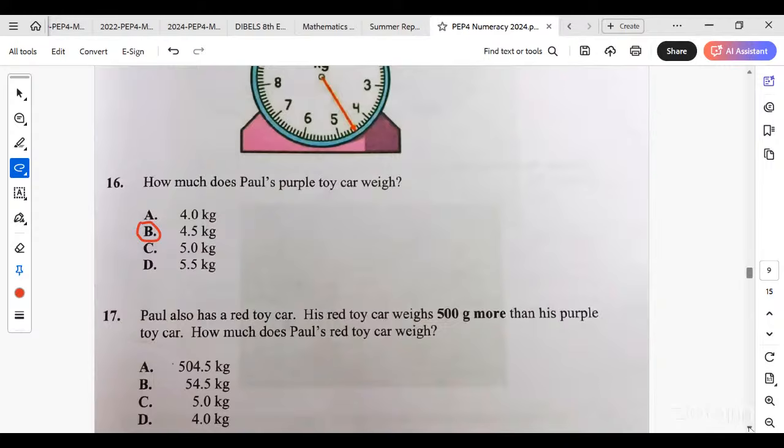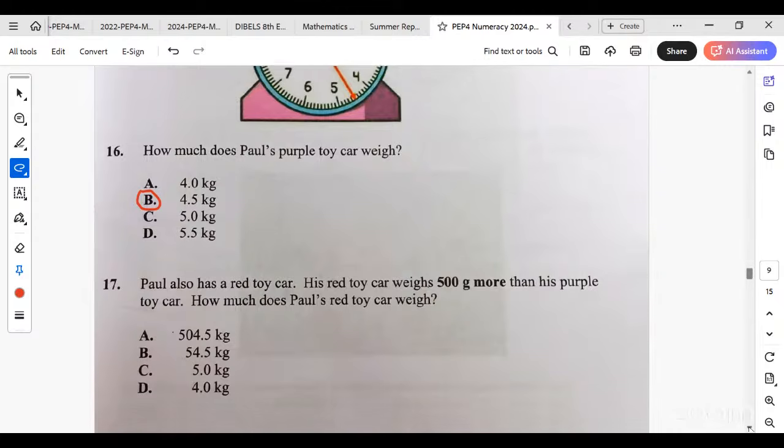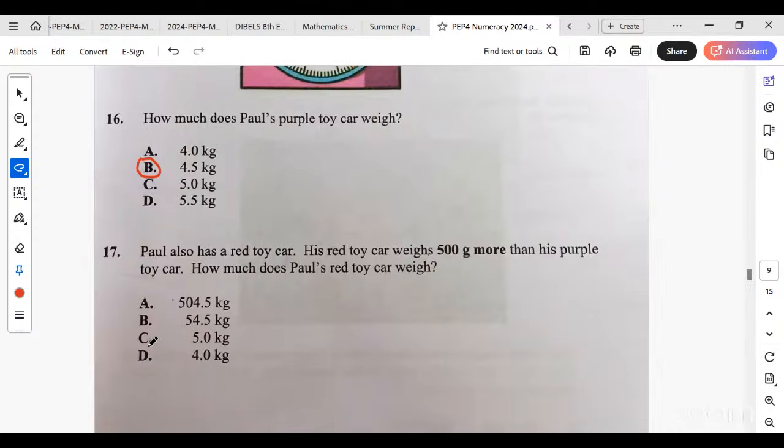So if we add another 500, we'd have half a kilogram more. Since Paul's purple car weighs 4.5 kilograms, if we add another 500 grams, which is half a kilogram more, then his red toy car weighs 5 kilograms. The answer is C.